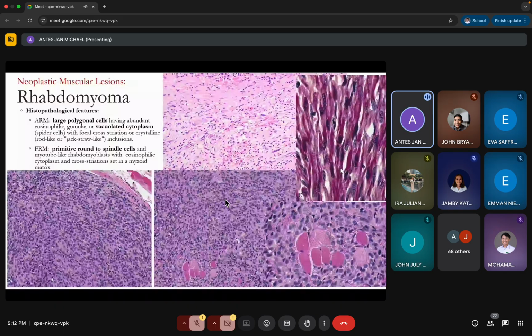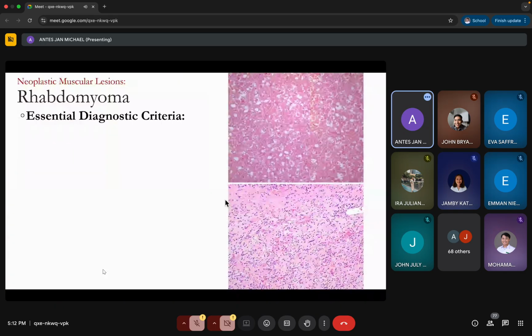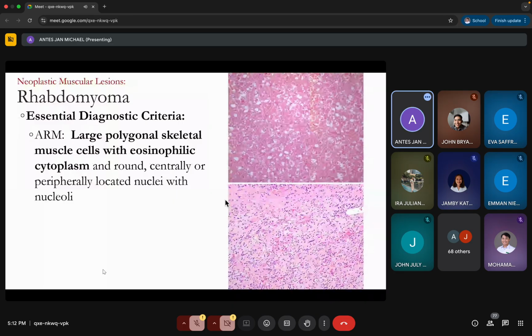So the essential diagnostic criteria of this is that the ARM is similar to a cross section of the skeletal muscle. They are large polygonal skeletal muscle cells with eosinophilic cytoplasm. You can see that its nucleus may be seen centrally or peripherally.